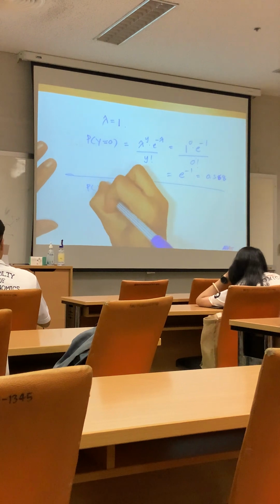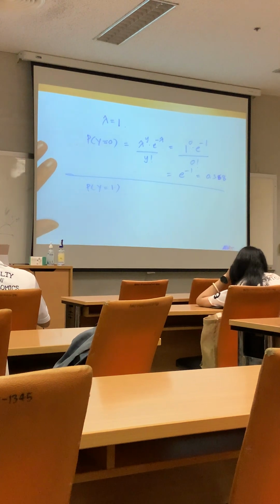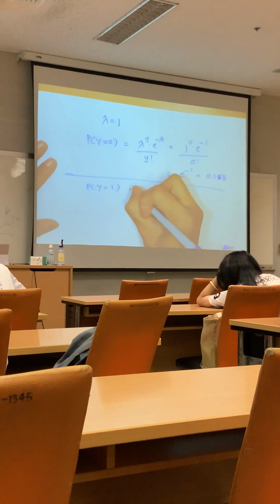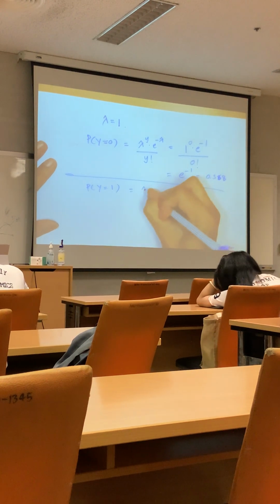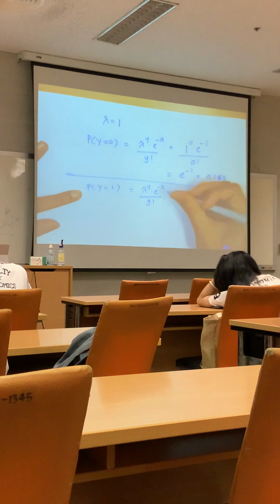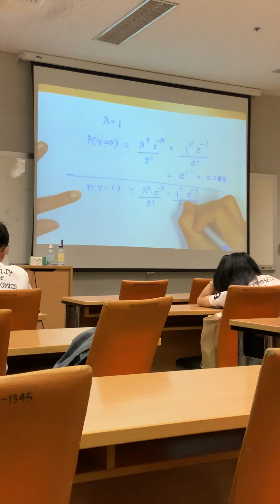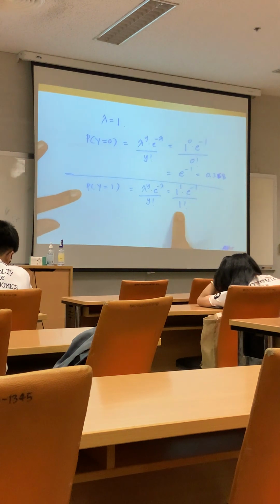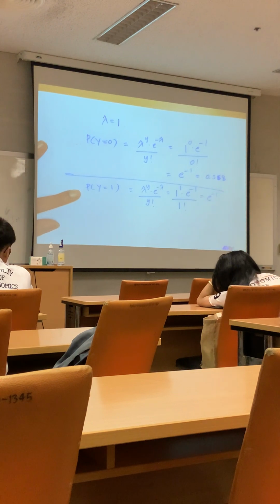Next is, what is the probability of y equal to 1? Again, using this formula, lambda to the power y multiplied by e to the power minus lambda, divided by y factorial. Now lambda is still 1, y is still 1. 1 factorial is still 1, 1 to the power 1 is still 1. So again, it's e to the power minus 1. So you can see that the probability of y equal to 0 and y equal to 1 is the same.